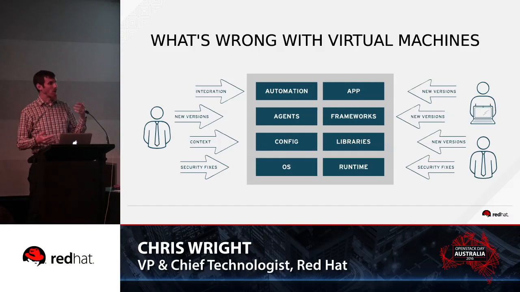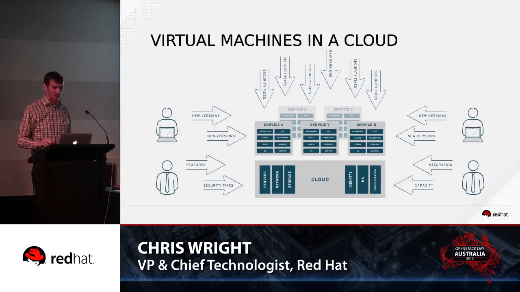So there's a little bit of confusion over ownership of what goes into the VM. And this is something that gets exaggerated in a cloud. So you've got tons of these virtual machine images, and you've got a lot of different groups owning some similar resources. And certainly that becomes a bottleneck for how we manage this particular resource.